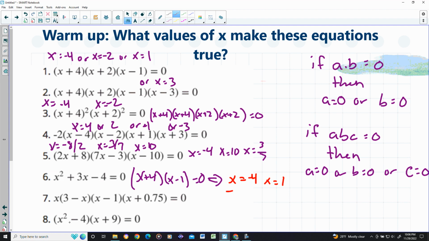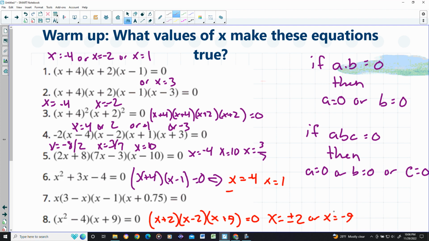With number 8, again, be careful. You have an x squared minus 4. You can factor that. And so you have x plus 2 times x minus 2 times x plus 9 equals 0. Remember problems like that? There was a quiz that had a question like that on there. So x equals plus or minus 2, or x equals negative 9.